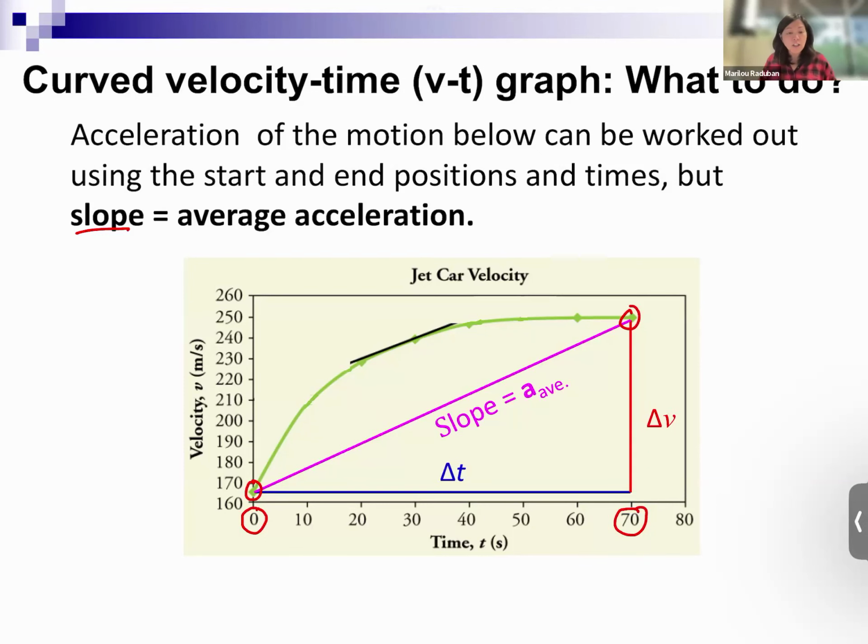We can then calculate the slope using these 2 points along the graph, and that slope will give us the average acceleration. It's the same method as before, except that if the y-axis is position or displacement, then the slope will give you average velocity.